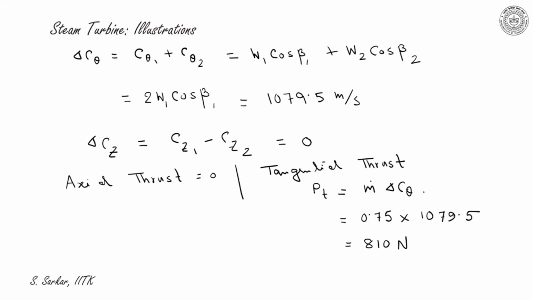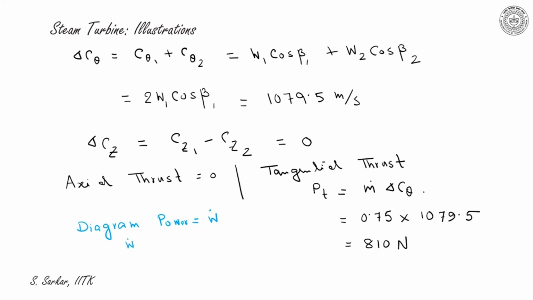Now what will be the diagram power? Diagram power is equal to W dot.